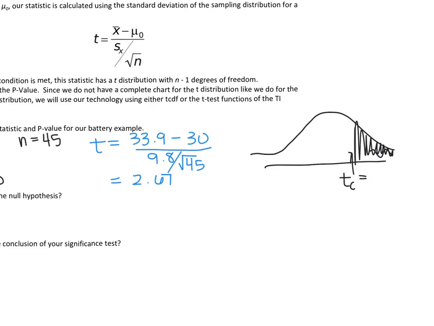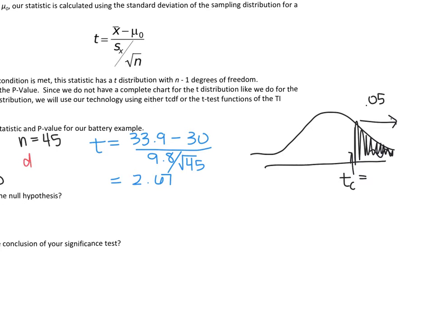So at the top, because we aren't given a level of significance, we're going to use 0.05. So at the top, our upper tail probability is going to be 0.05. Now the t critical value, along the left, we're going to find the closest degree of freedom for our data.